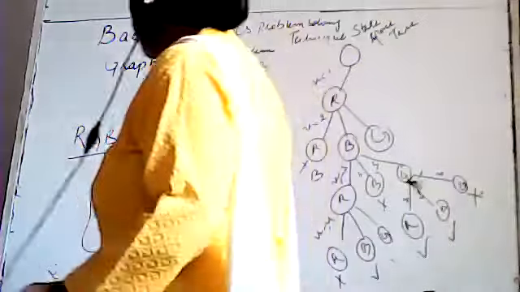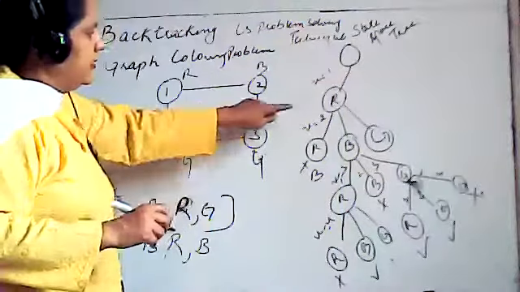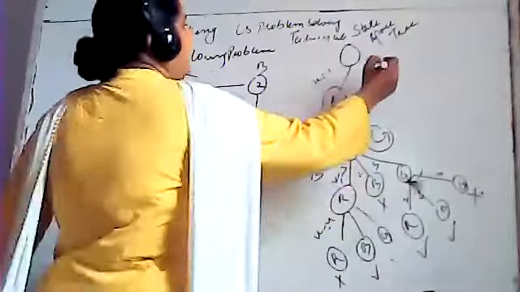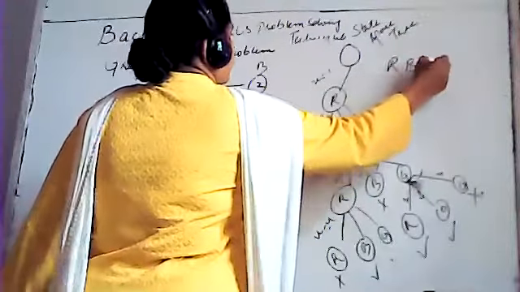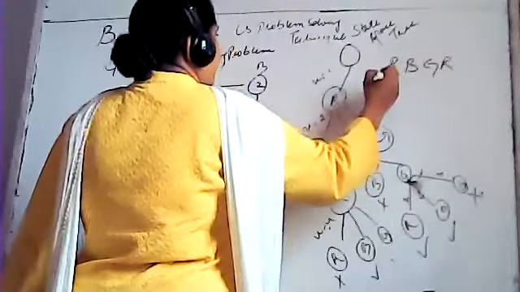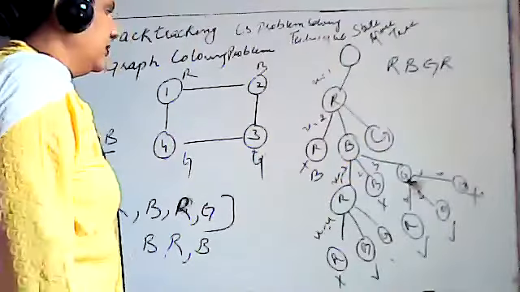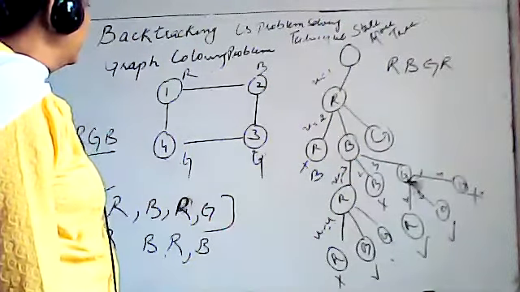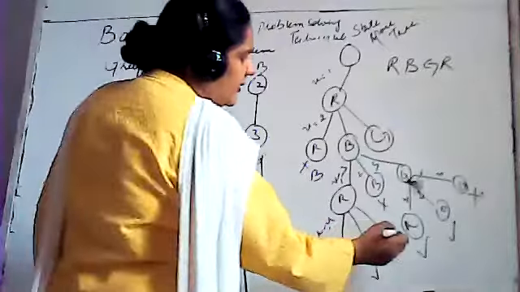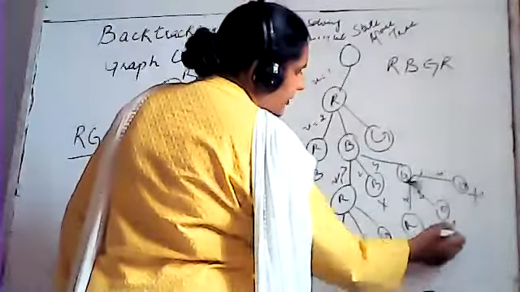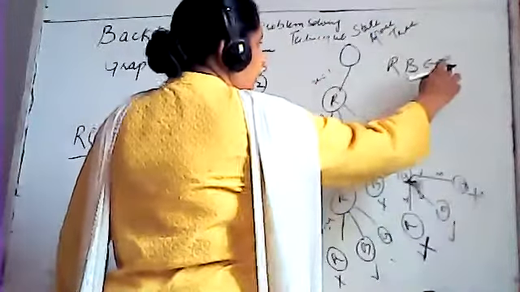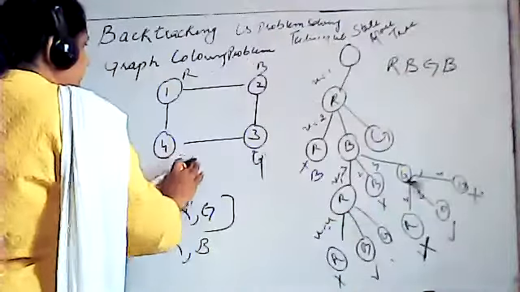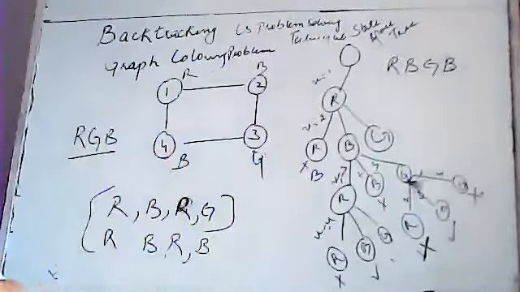So what would be my solution set? Red, blue, green, red? No, we cannot give that because it is connected to 1. So we can give only one thing, that is blue. Red, blue, green, blue. We cannot give it red. Fine, so this could be the solution.